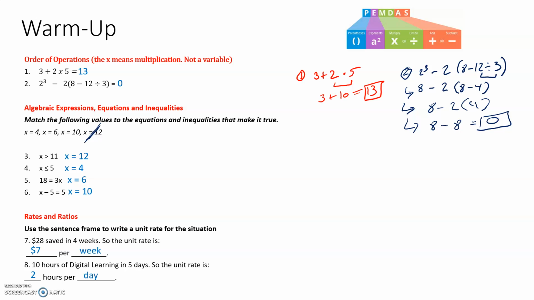Number 5, 18 equals 3x. That one is actually going to require you to do the inverse operation.